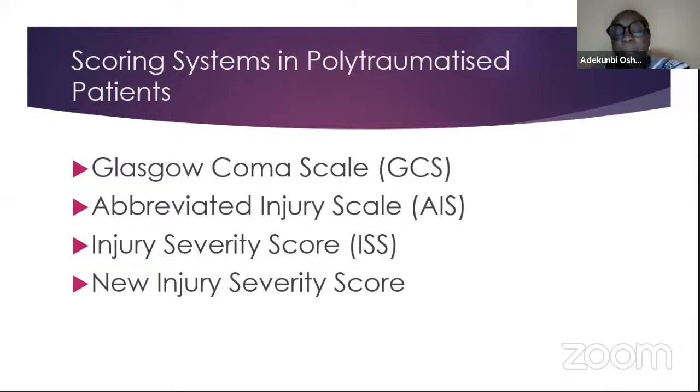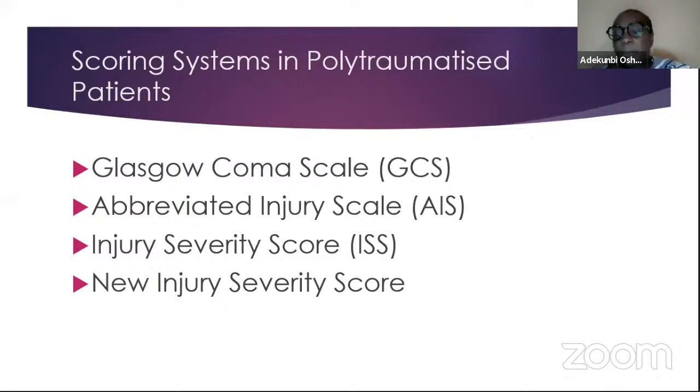Now, it can be divided into mild, moderate, severe, serious, or critical, or patients who cannot survive at all. This scoring system just helps to triage the patient and know those that require resuscitation and those that are stable enough already.